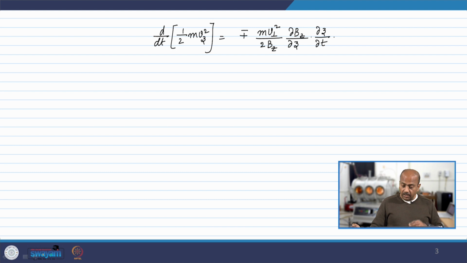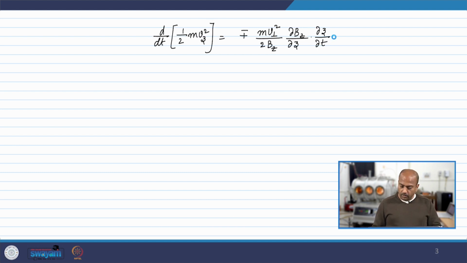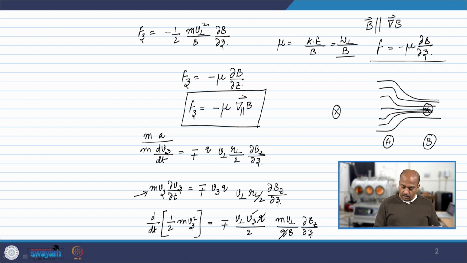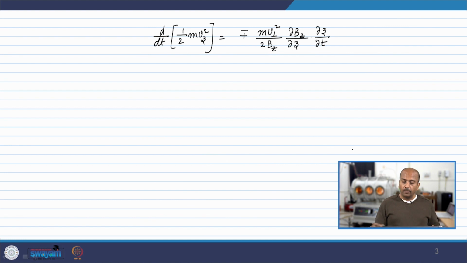Right. So how did I get dz by dt? Because you see here you have Vz that is appearing here, right? What is Vz? Vz is dz by dt, the rate of change of position along the z axis with respect to time, right?